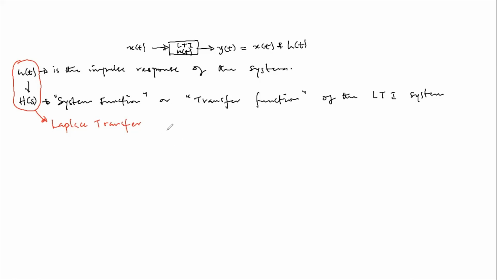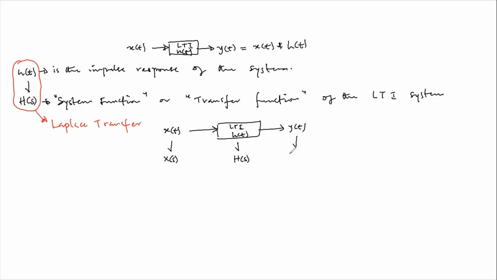Now that we have the system defined as this LTI with H of t and Y of t, should we take the Laplace transform of S of t, we're going to get S of s. The Laplace transform of H of t gives H of s.